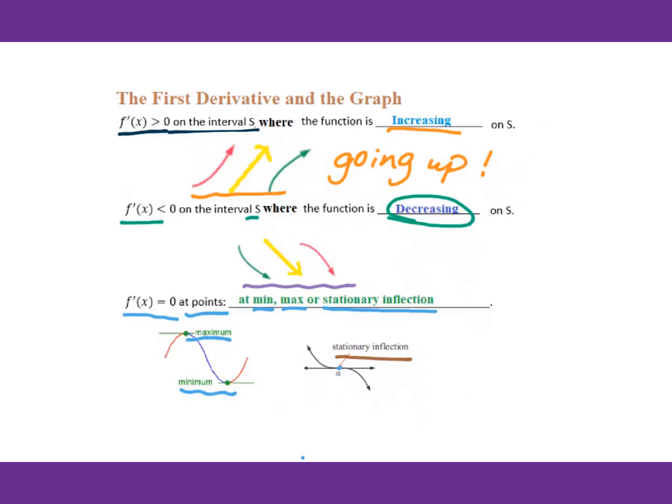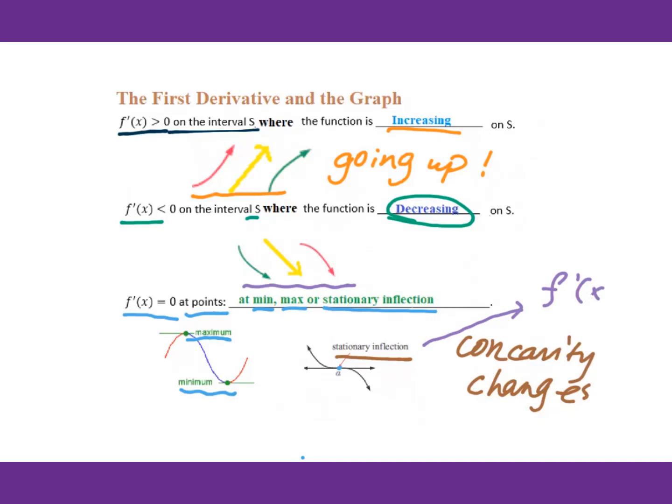A stationary inflection is the point where the concavity changes. Stationary inflection means the first derivative and the second derivative both equal 0.